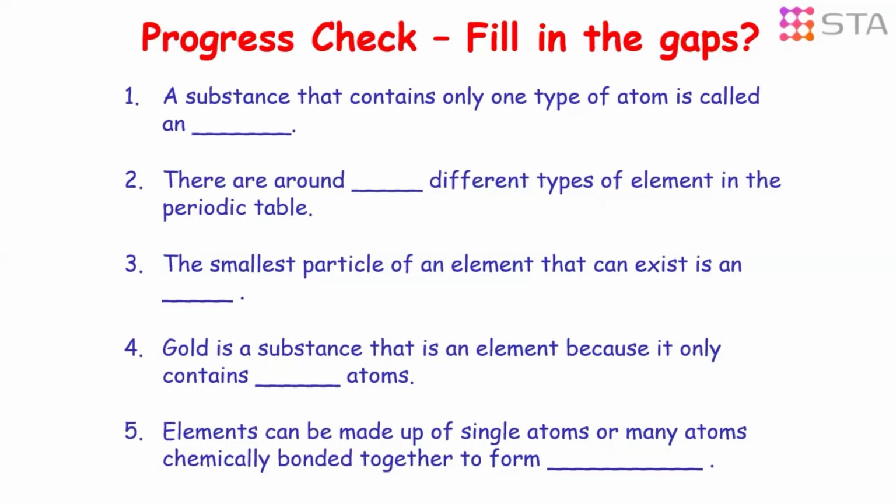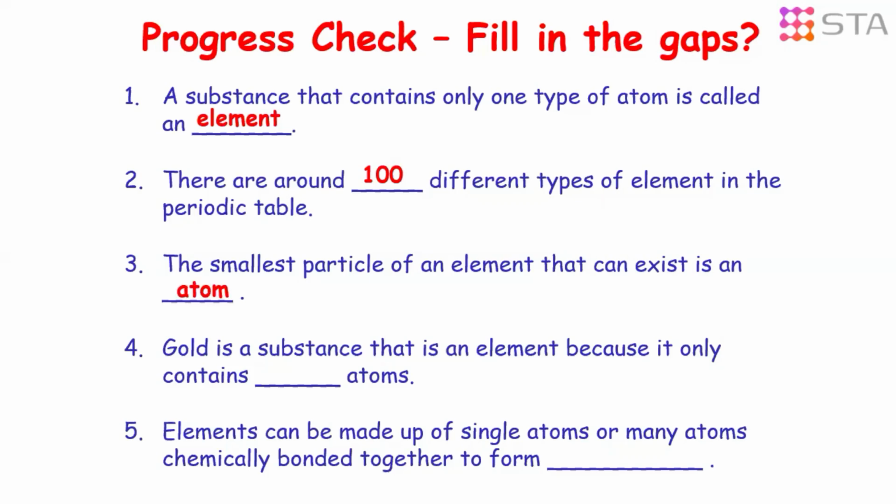All right, then, hopefully you've had a chance to complete those questions. So question 1, a substance that contains only one type of atom is called an element. Question 2, there are around 100 different types of element in the periodic table. Question 3, the smallest particle of an element that can exist is an atom.